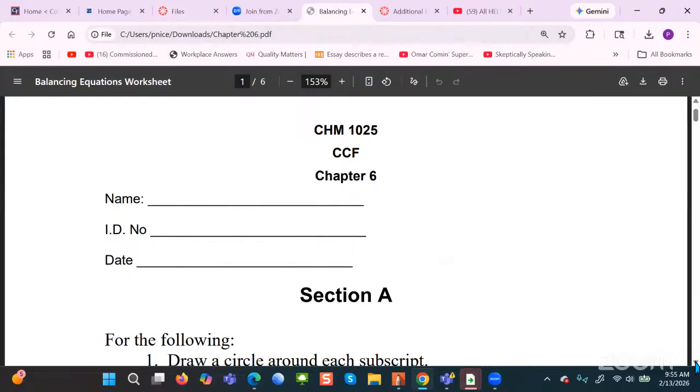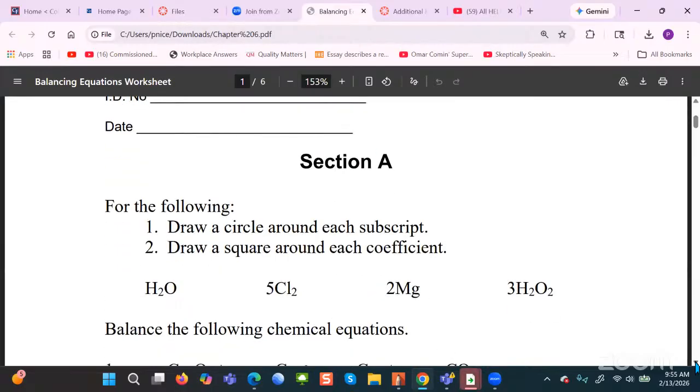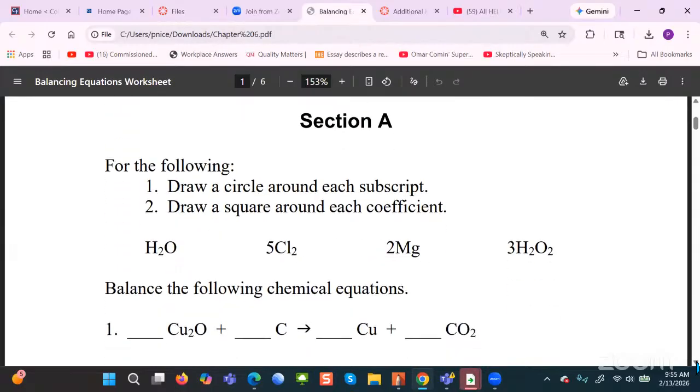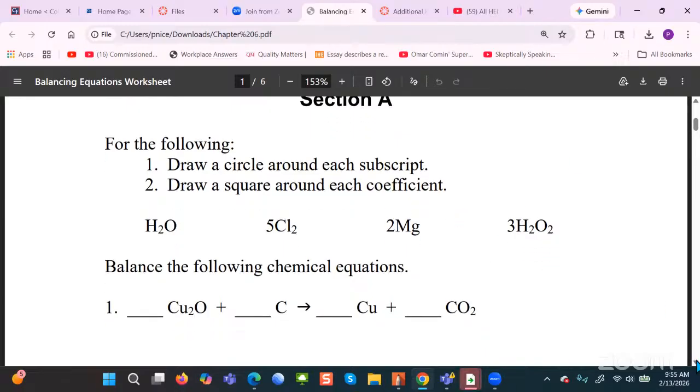It's in different sections. The first question in the first section gives you a series of formulas, and it says you're to draw a circle around each subscript and a square around each coefficient. Okay, so remember what I said earlier.